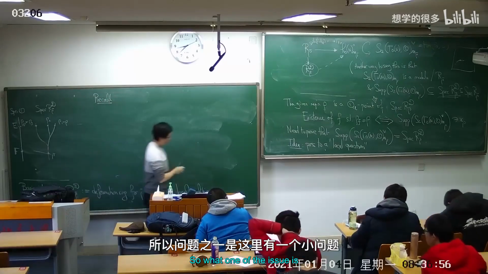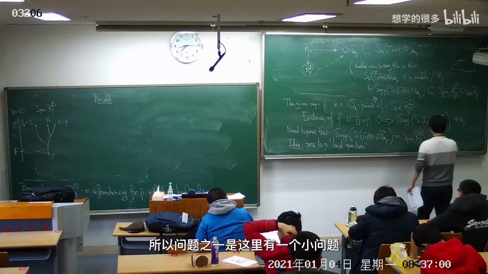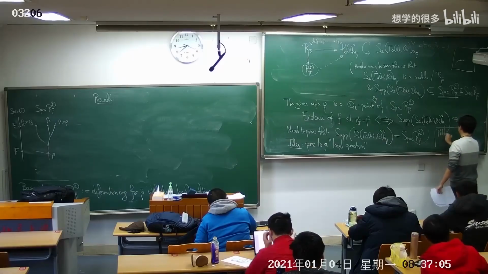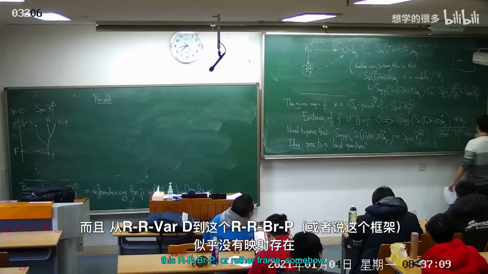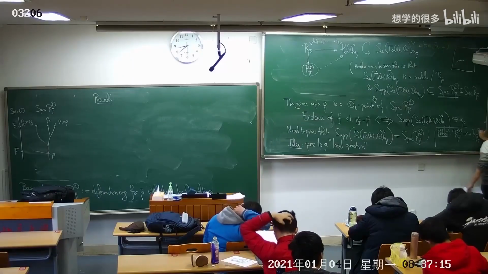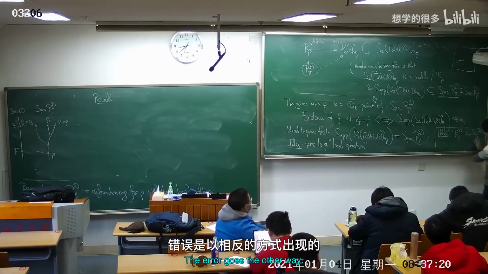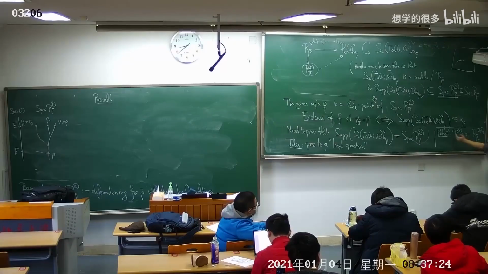So one of the issues is this ring here. There's a small problem: there's no map from R rho bar D to this R rho bar P, or rather the framed D P. Oh, excuse me, the arrow goes the other way. Okay, there's no map going from this to here.